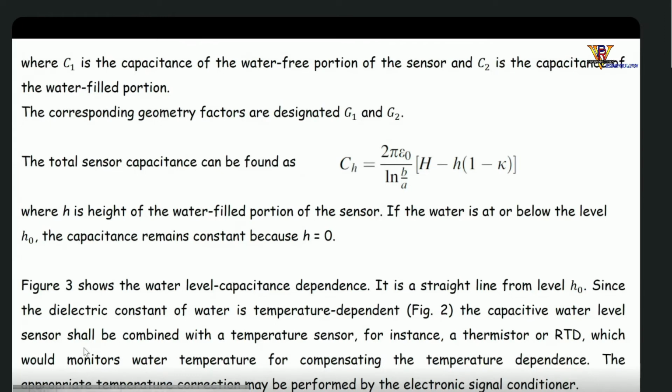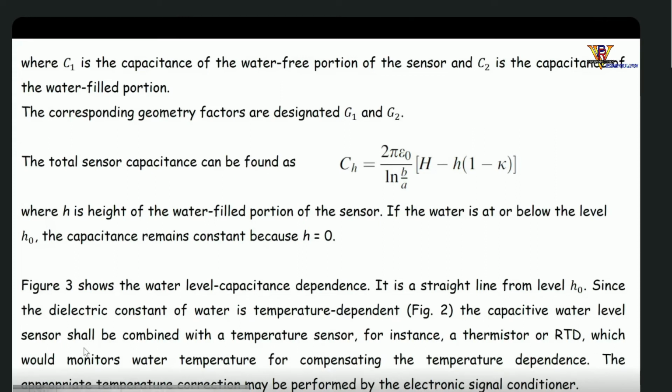So that will change the dielectric constant of the capacitance. That's why there must be a compensating device to avoid the errors. So what we can do, we can insert a resistance dependent device or temperature sensor that will compensate this error. Also directly we will get the level, meaning how much water level is present.